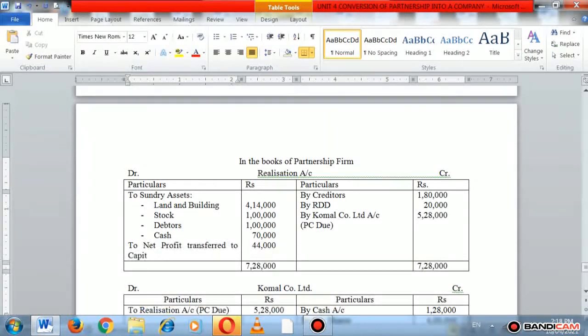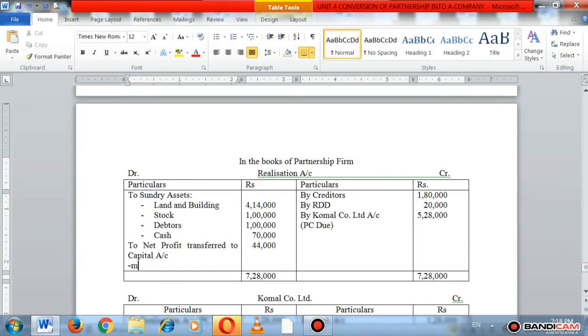capital account. Okay, so transfer this profit to each partner according to the profit sharing ratio. The profit sharing ratio of the partners is given, that is 3:2:1. So 44,000 multiplied by 3 divided by 6, we already computed the ratio.